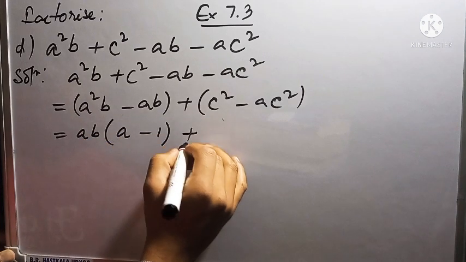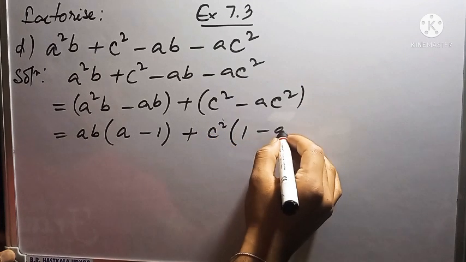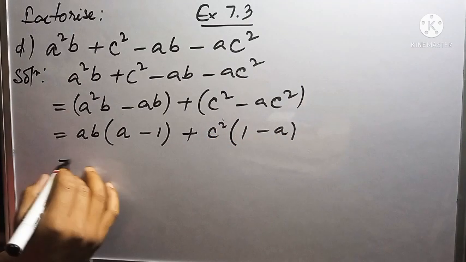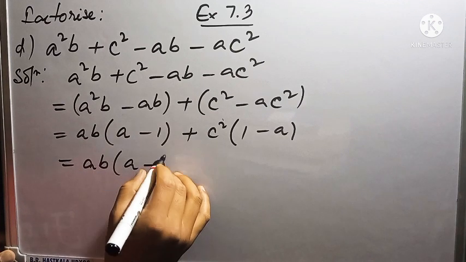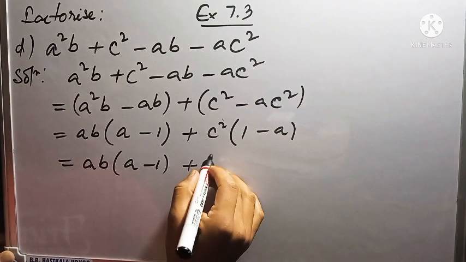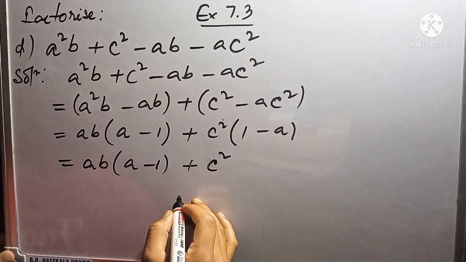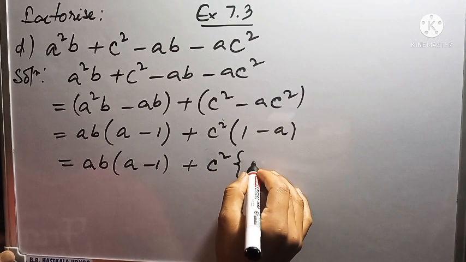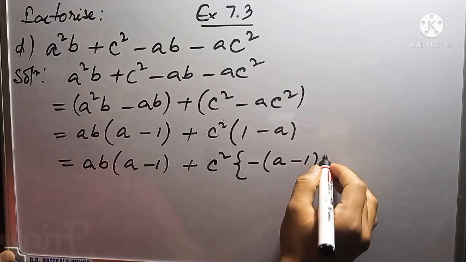Plus C square, then we can write 1 minus A, which equals AB, A minus 1 whole, plus C square, then minus of A minus 1.